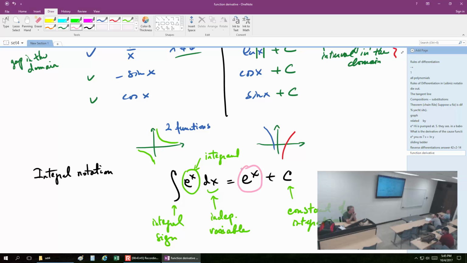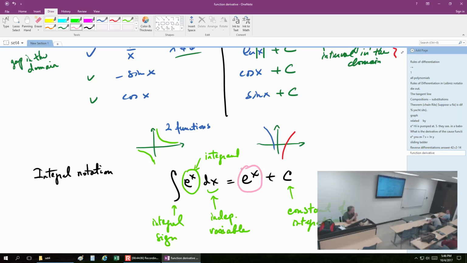If you know the velocity of your motion for every moment of time as a function, then you can figure out your location based on that. That is a very important thing.